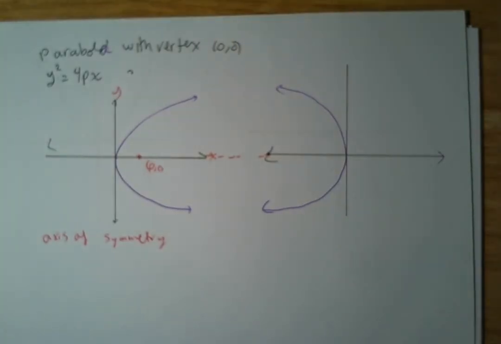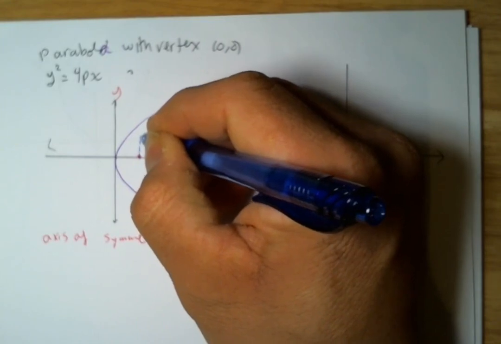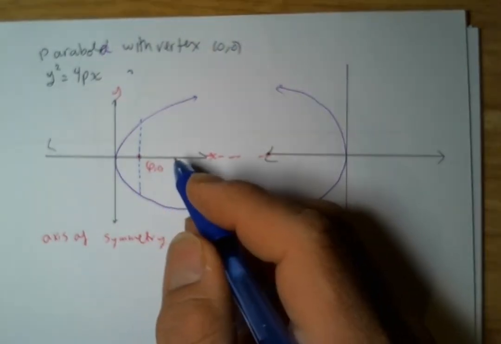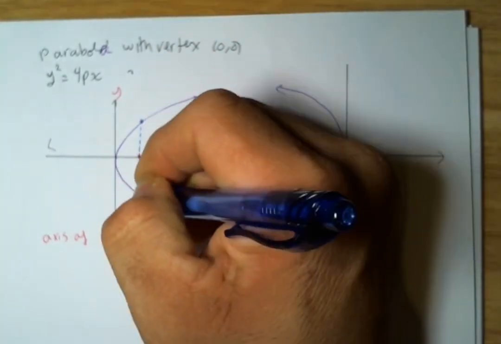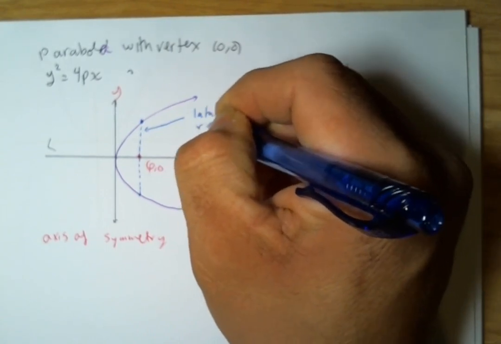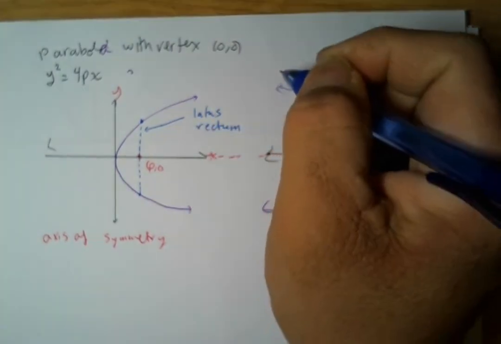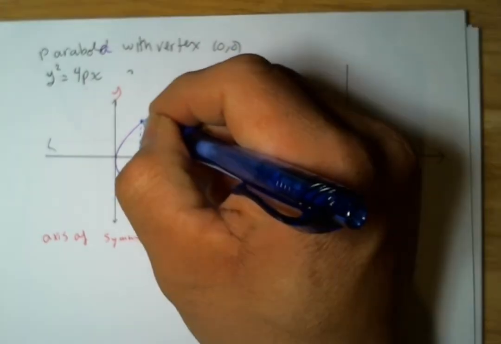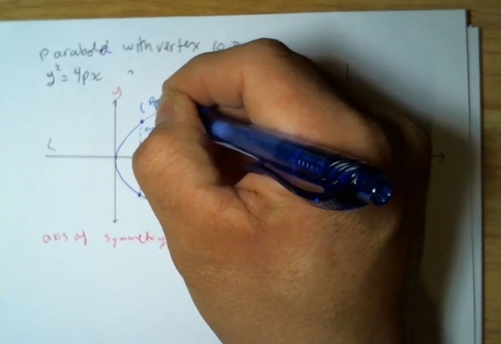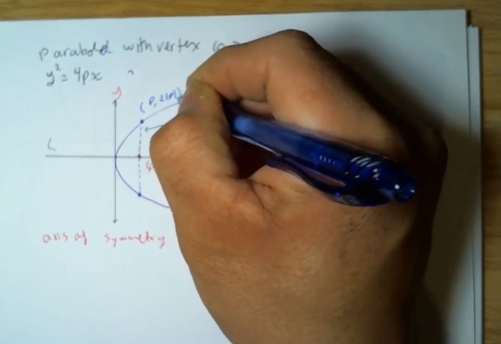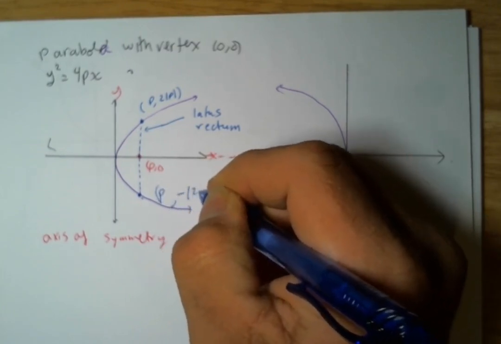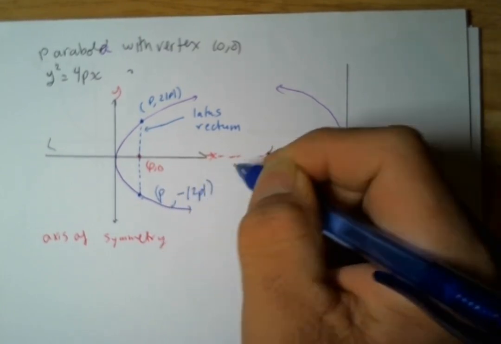Another piece of information that we are going to identify is this vertical line going through the focus, called the latus rectum. So this right here, and in this case the points here would be p, 2 absolute value p, and then down here p, negative absolute value of 2p.